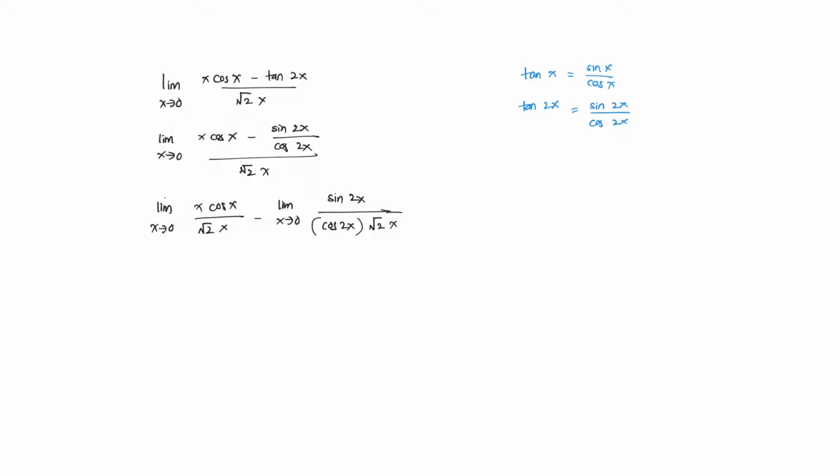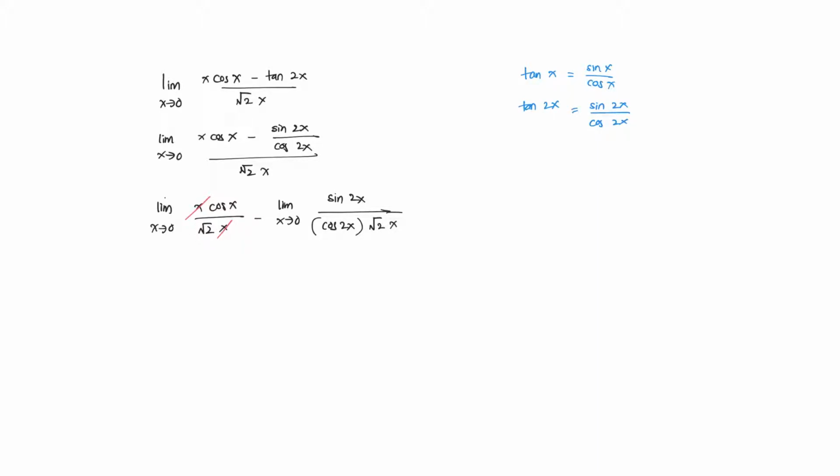Now let's solve for the first part. As you can see, you have x in the numerator and denominator, which means you can cancel them out. What you are left with is cos x over sec 2. Can you substitute 0 directly into this x to solve for the limit?